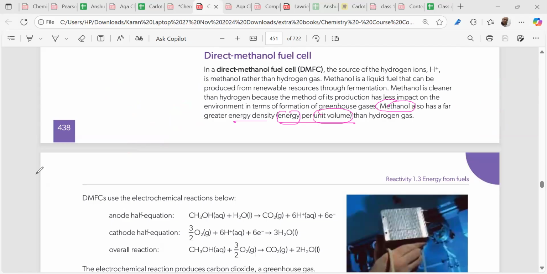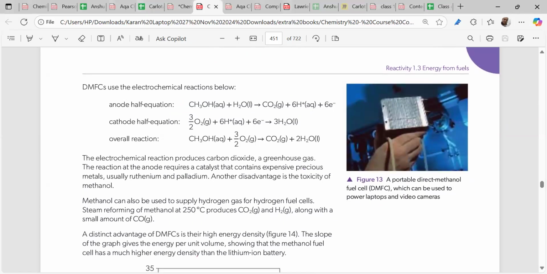Now we have to remember this process. In this direct methanol fuel cell, what do we get exactly? We have the anode half reaction and the cathode half reaction. In the anode half reaction, we are taking in the methanol. Where are we getting methanol from? From the plant's fermentation. So it's a very good source.